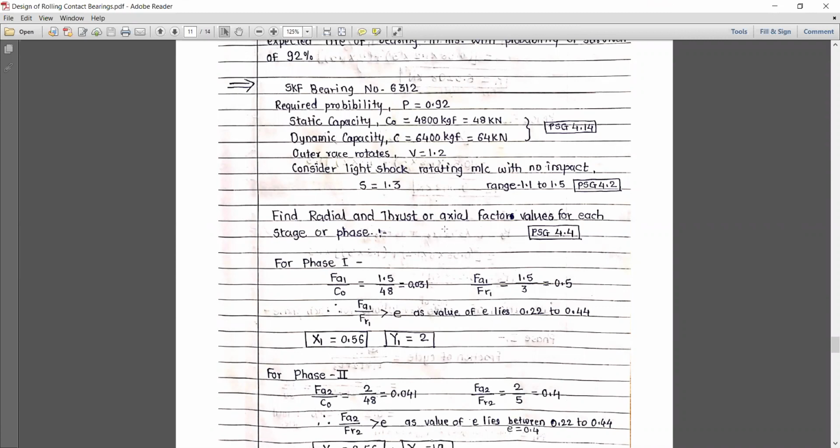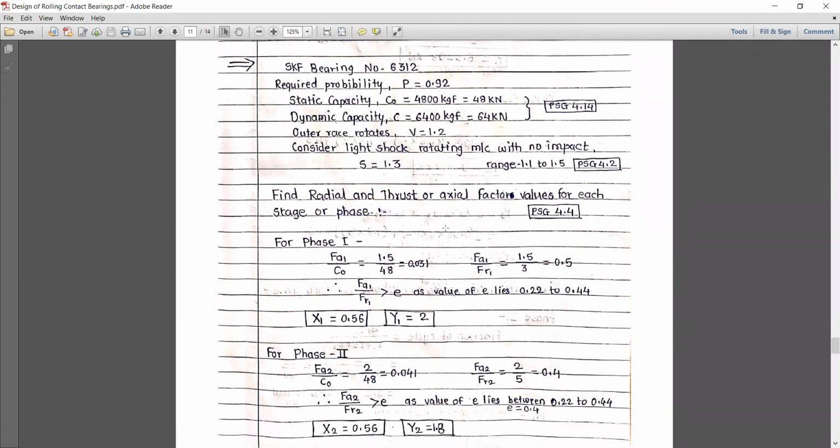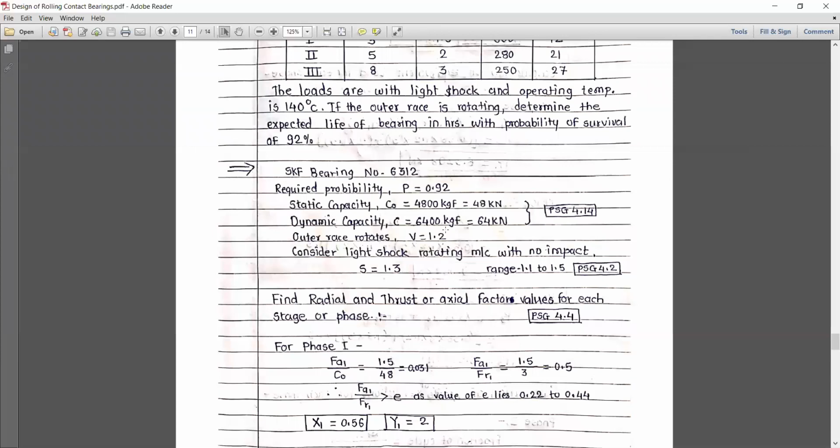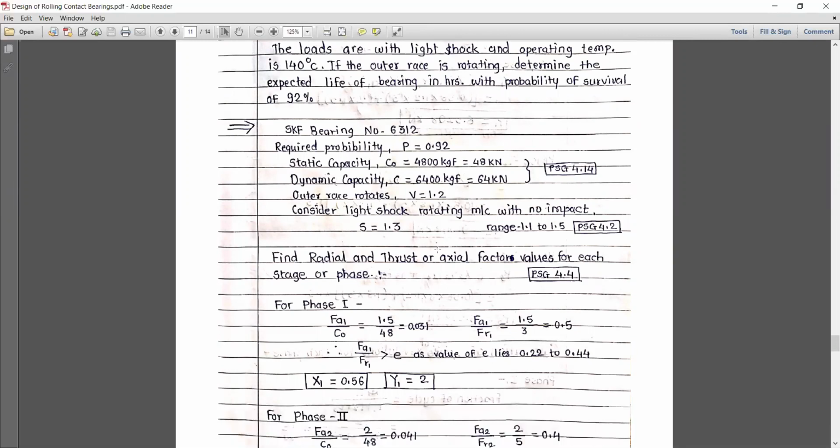The service factor, or you can say load factor, S is equal to 1.3. And in this condition they have mentioned that the outer race is rotating. As the outer race is rotating, the value of V changes. So for the outer race rotating condition, V is equal to 1.2.